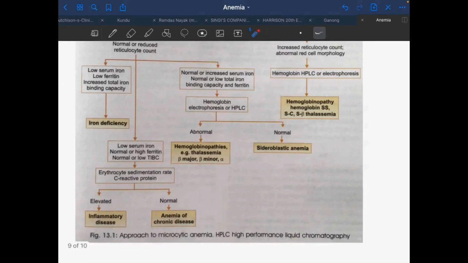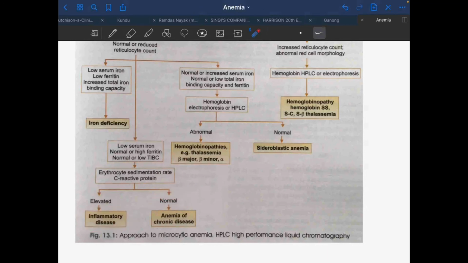In certain diseases, or if it is a chronic anemia, you will have low serum iron levels, but the ferritin levels and the total iron binding capacity will generally be normal. Then we will also check the ESR and the CRP, that is C-reactive protein. If these two are elevated, we know that they are inflammatory markers, so we can categorize it as inflammatory disease.